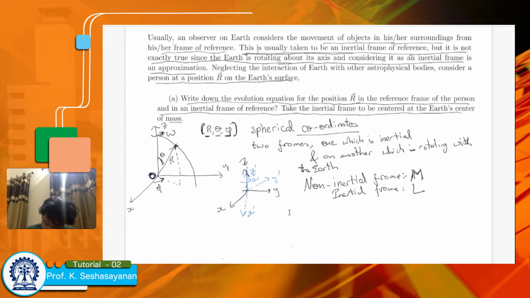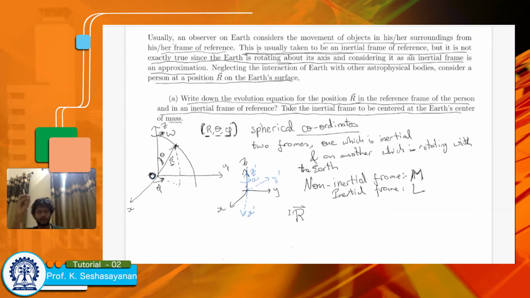So in the non-inertial frame, the rotating frame, the R vector is something which is independent of time. So for the person who is rotating with the Earth, he or she will look at the center of the Earth, and since they are in a frame of reference which is not rotated, from their point of view, the R vector is always from the center to that position, and since that position in that frame of reference is not rotating, it is fixed.